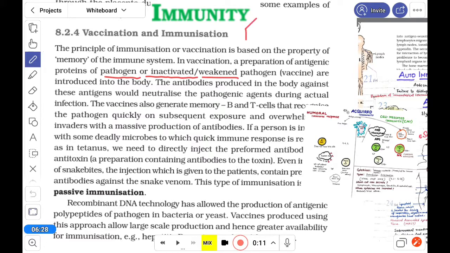Suppose any virus is there; the virulent part is taken off, so that the outer membrane, which is also an antigen, remains and the body can respond to it. It is introduced inside the body so that it can generate B and T memory cells, which we will see now, and in that way it can be kept for a long time. So vaccination is possible when the body can memorize the antigen for a long time. Otherwise vaccination is not possible.